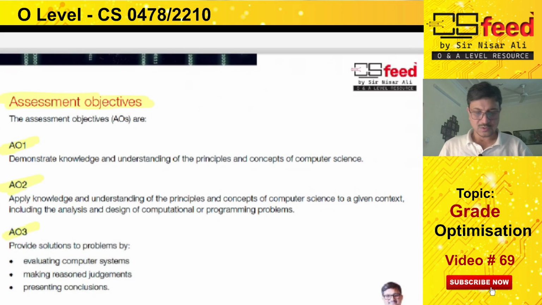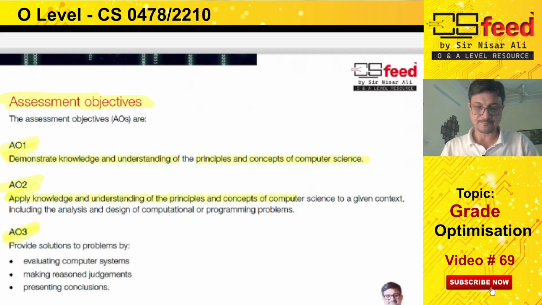Assessment objectives are important in your syllabus, and there are 3 assessment objectives in your CS paper: AO1, AO2, and AO3. In AO1, your knowledge and understanding of the principles and concepts of computer science are going to be assessed. In AO2, the application of the knowledge and understanding of the principles and concepts of computer science.